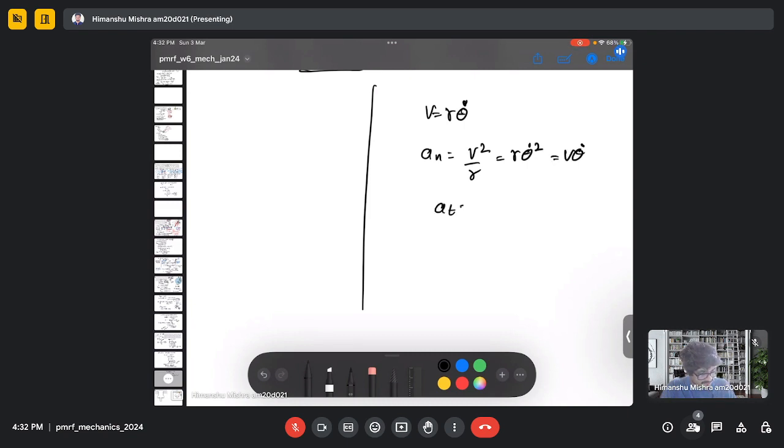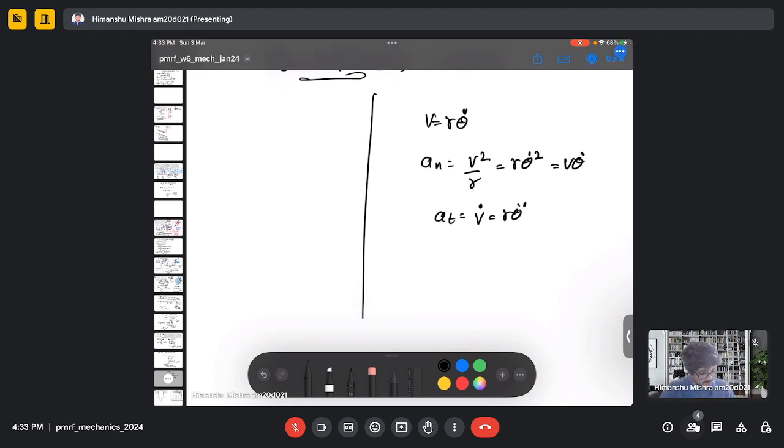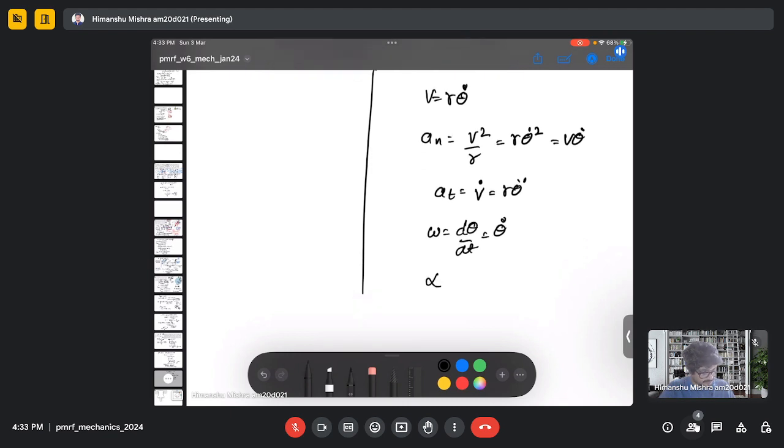My tangential acceleration was v dot, which is r theta double dot. So if a body is rotating in a plane, then I can define omega, which is d theta by dt, which is my theta dot, and the angular acceleration, which is omega dot or theta double dot.